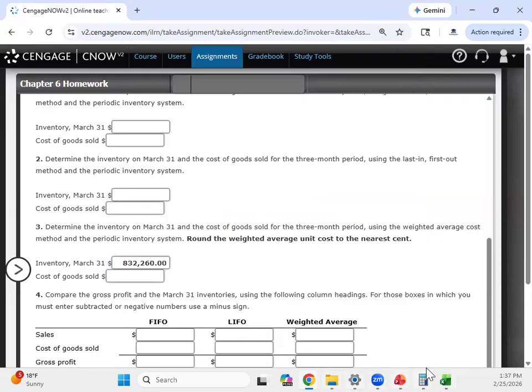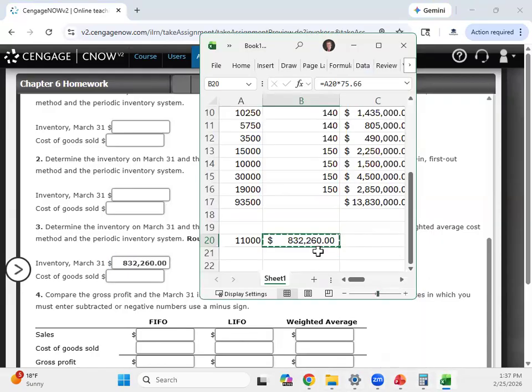And then for our cost of goods sold, we have to multiply the units that were sold by $75.66 per unit, which was our average cost per unit.